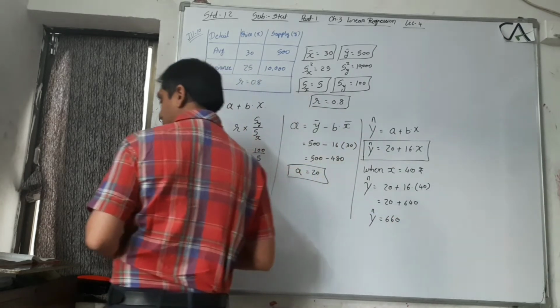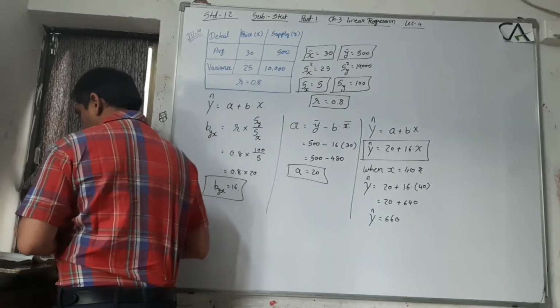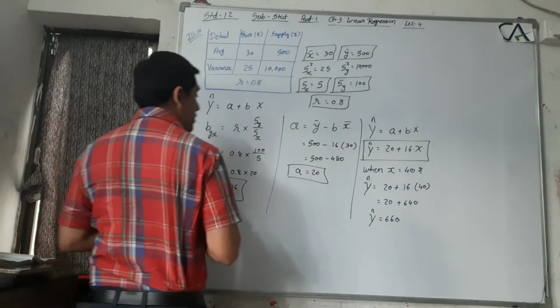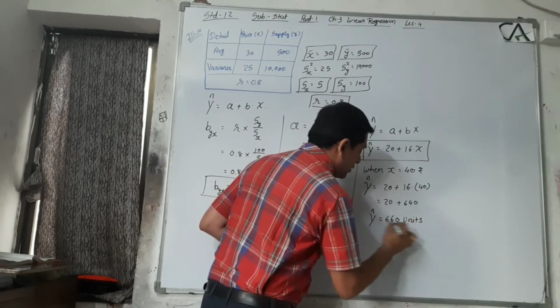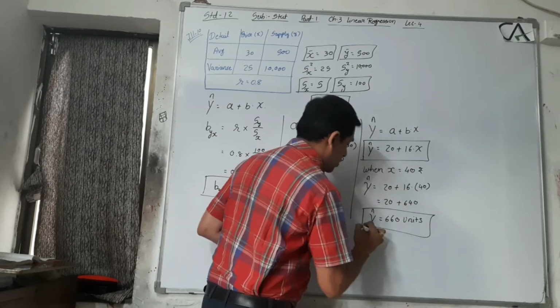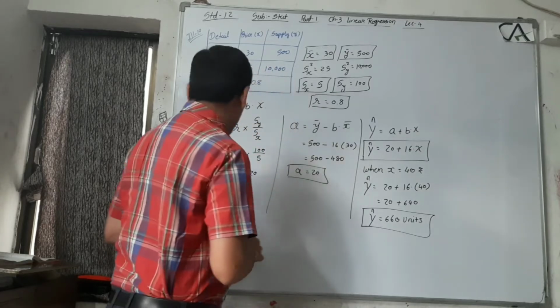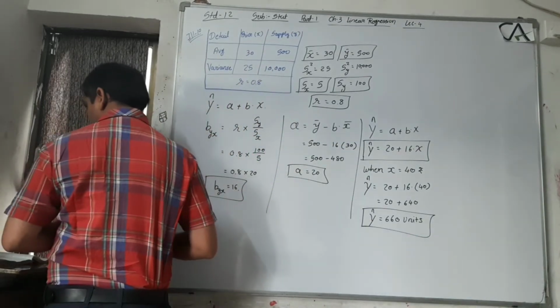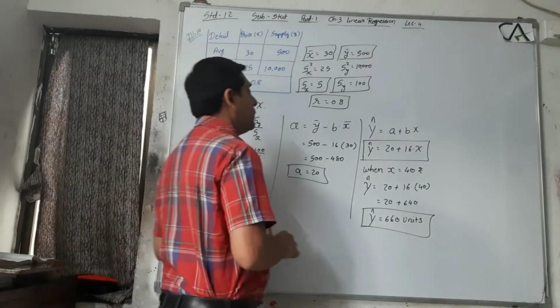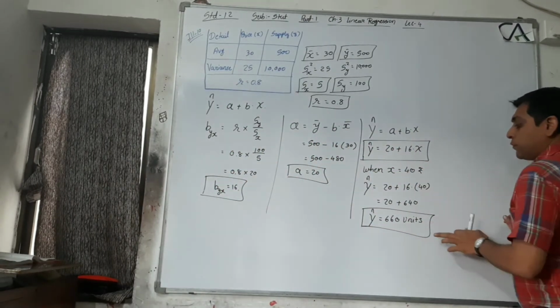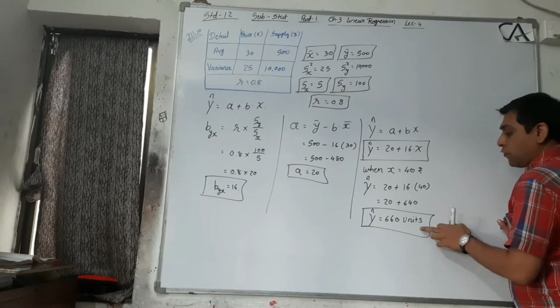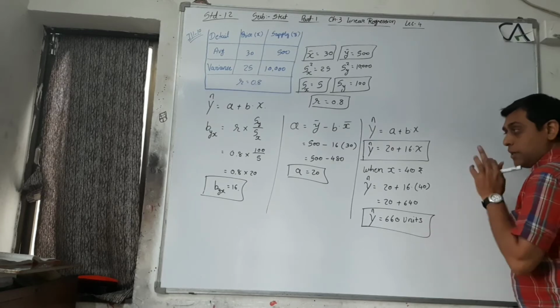Here 660 is your supply and your supply is in units, so your answer is 660 units. Estimate the supply when the price is 40, so we have to write that when the price is 40, the estimated units of supply is 660.